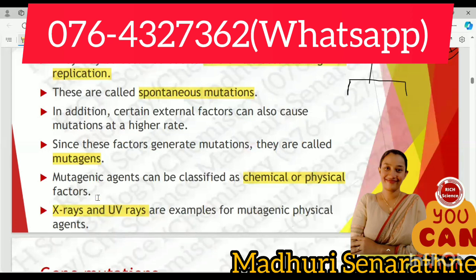Chemical mutagens are, these days, what we usually talk about as cancer causing agents, chemicals especially in foods, like in the packet of instant noodles. Such chemicals are called mutagens. Definitely they may cause mutations. Mutations finally mean cancers.